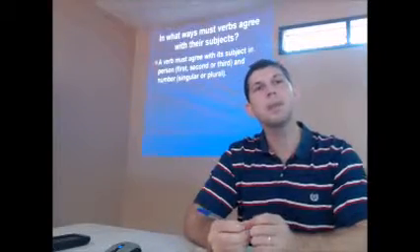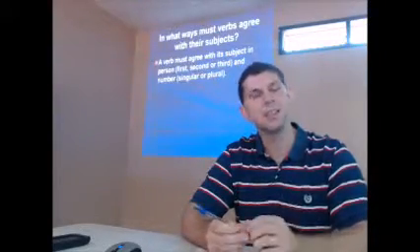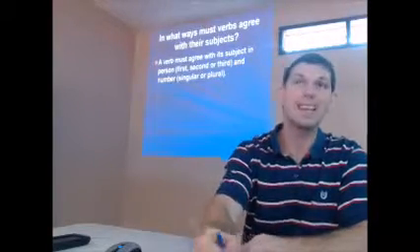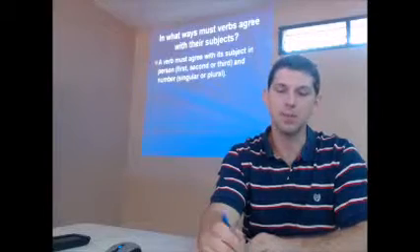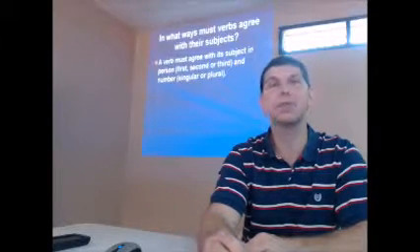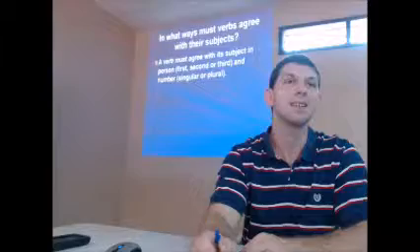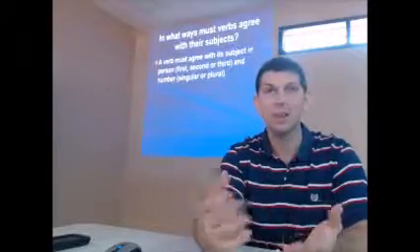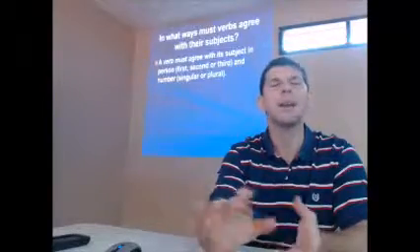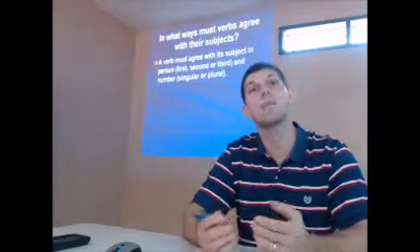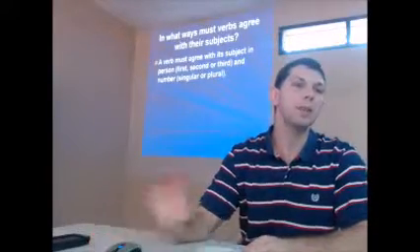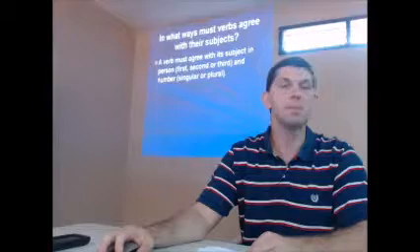So if the verb is first person singular, we couldn't say that the word men is the subject, because men is plural, and first person singular, there would be a problem. So we would have to look and see if maybe that's a predicate nominative. So we understand this issue of subject-verb agreement, okay?